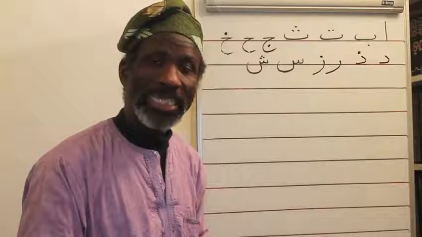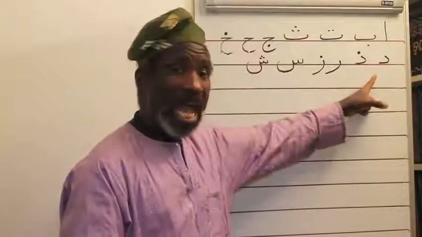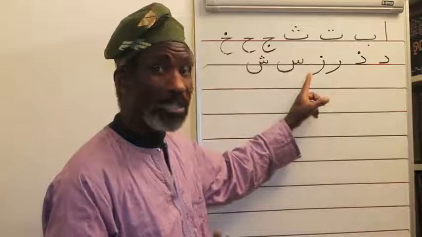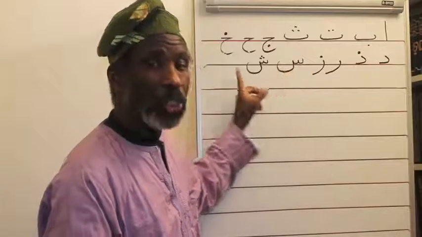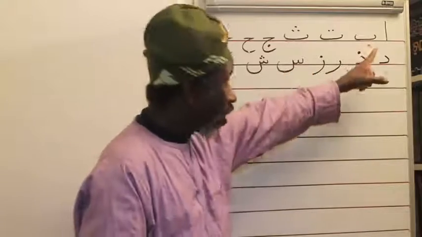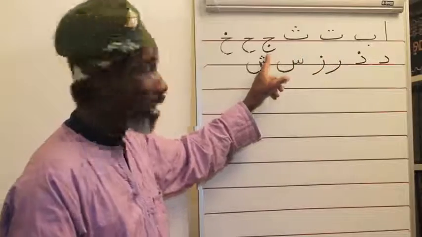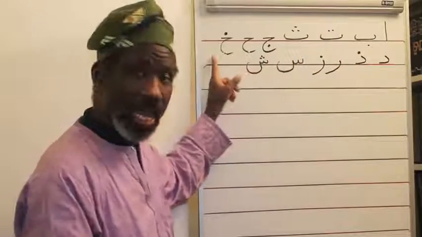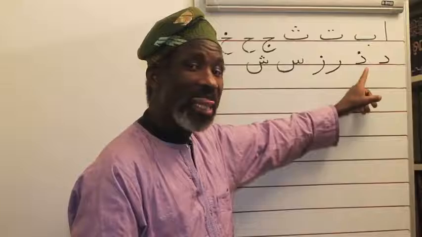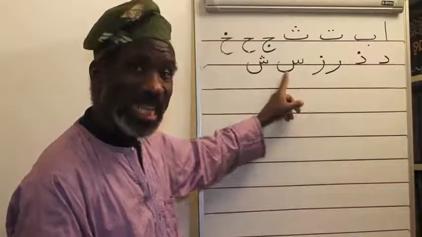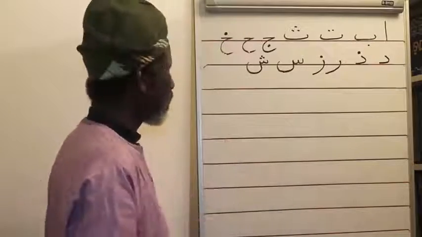Seen, Sheen. Dal, Val, Ra, Za or Zain, Seen, Sheen. Alif, Ba, Ta, Tha, Jim, Ha, Kha. Dal, Val, Ra, Zain, Seen, Sheen.